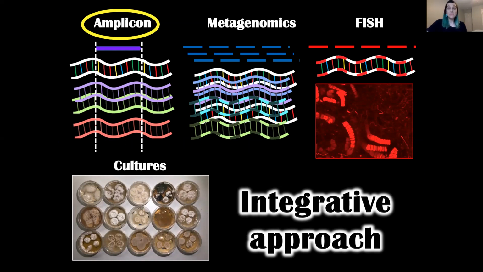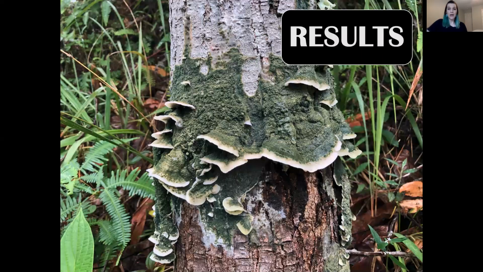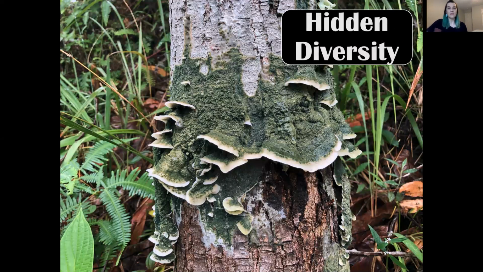So the same set of samples that we have mycobiont, photobiont, and bacterial microbiome data. So this is what I'm going to present in this part now, the results. And it comes as no surprise that there is an enormous amount of hidden diversity.